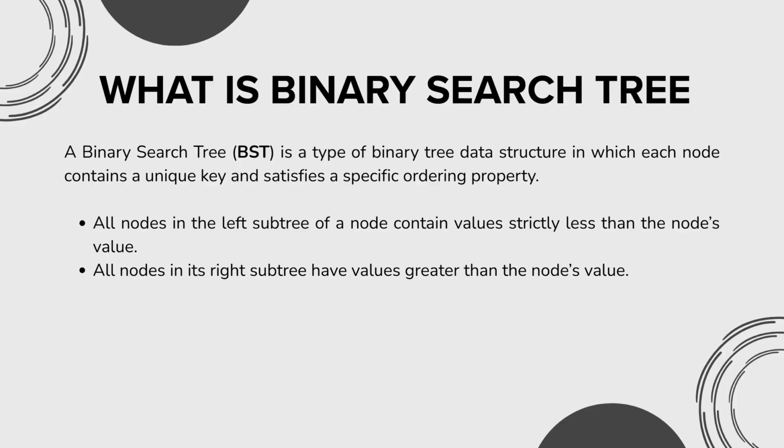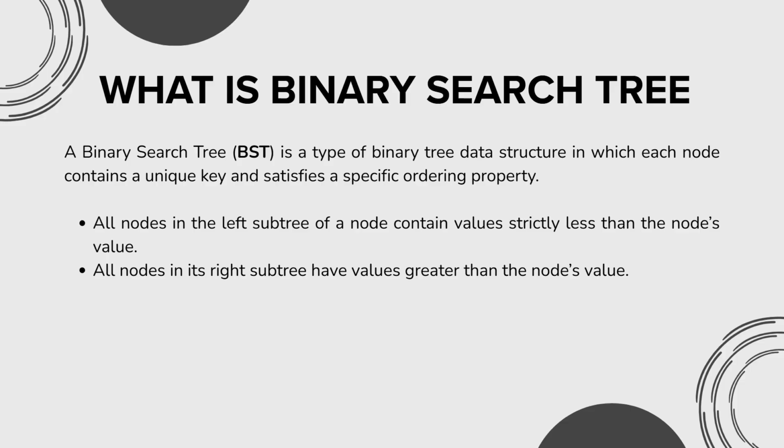So for example, if we have a node with value 50, any value smaller than 50, like 30 or 20, should go to the left side or our left subtree.